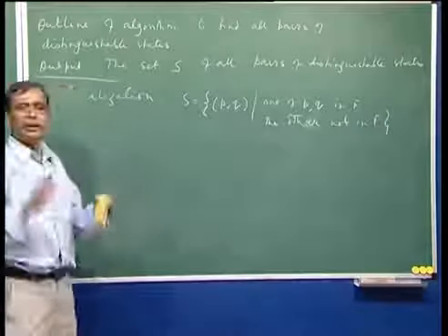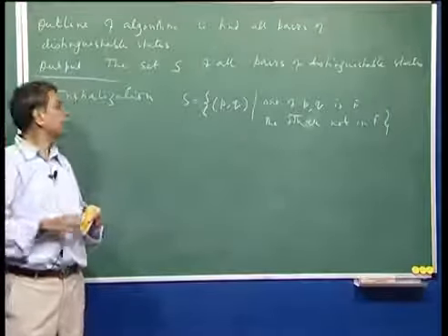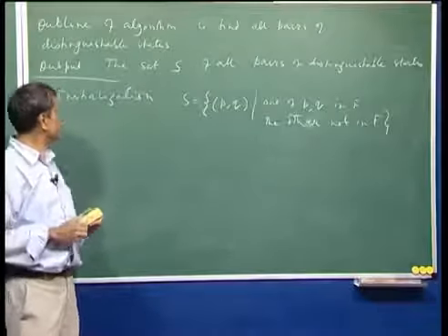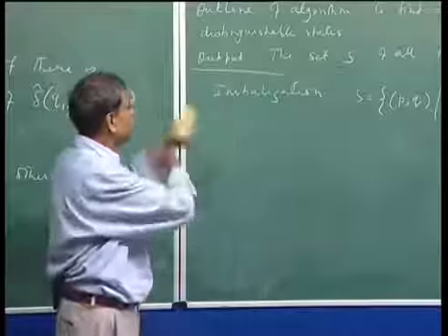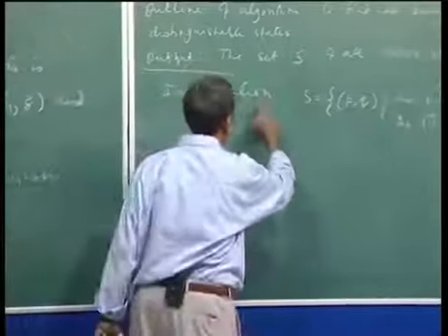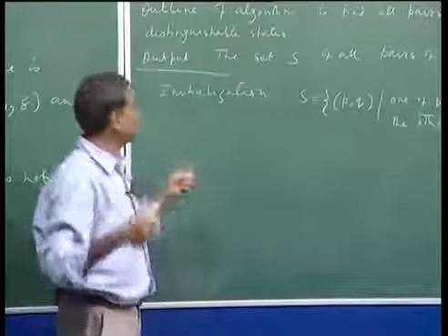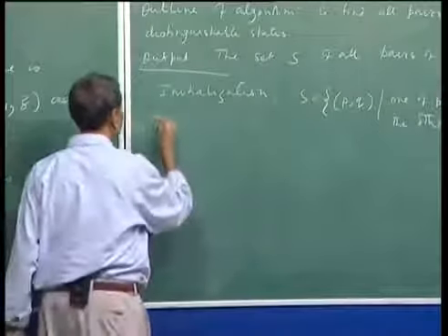So I have a first approximation to my set of all distinguishable states. Now let us see how, starting from this initialization, we can augment this set iteratively. So this is the iteration part.